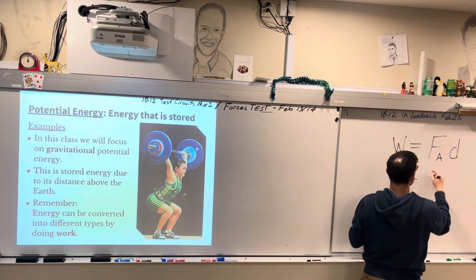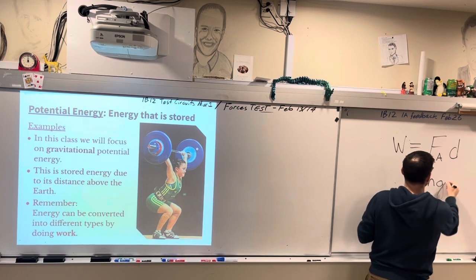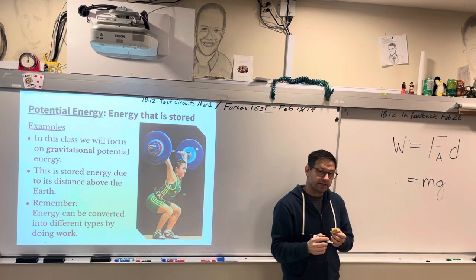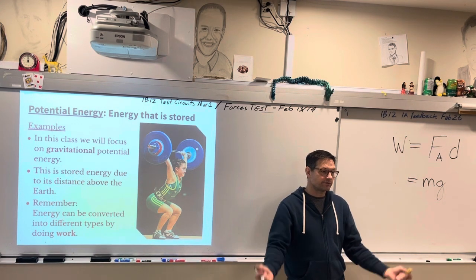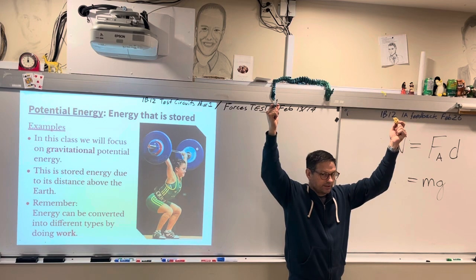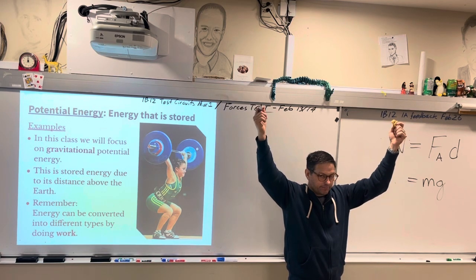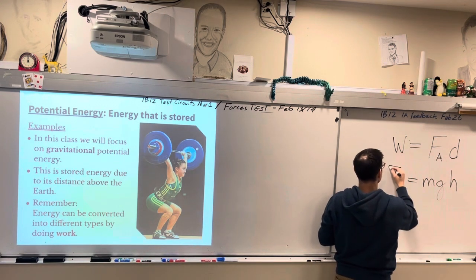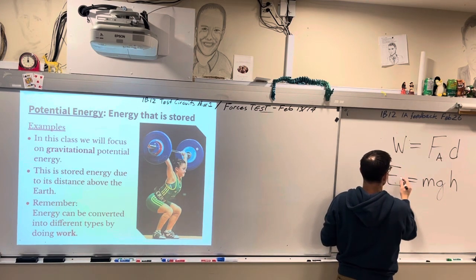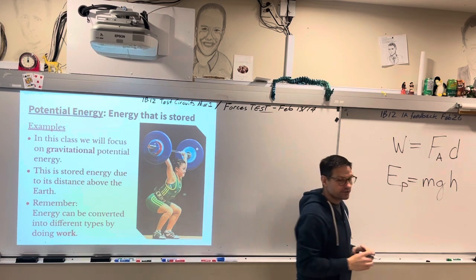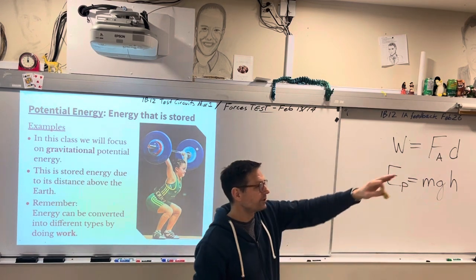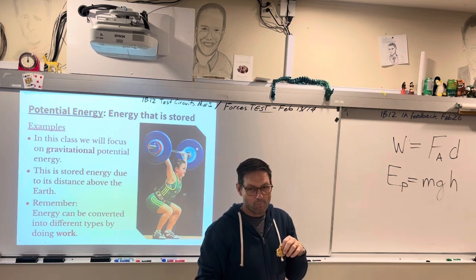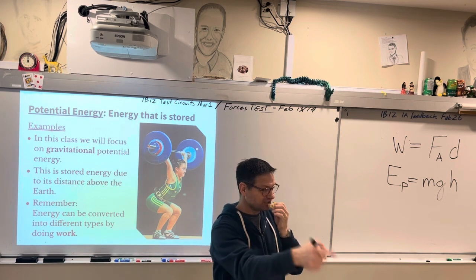So our force is mg, and the distance that she moves the mass is the same as the height that the thing gains, right? We say that this is potential energy. So that formula is up on the wall there. And that's for gravitational.